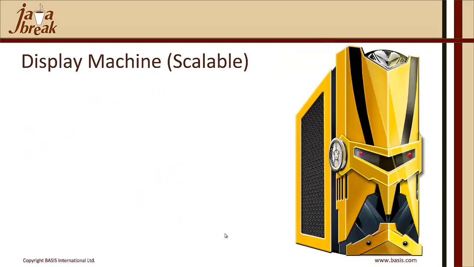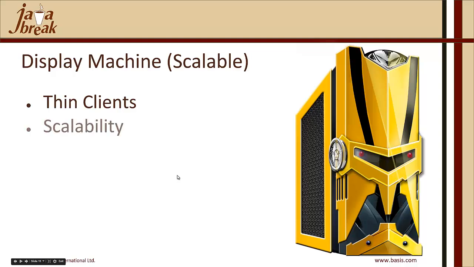As I mentioned before, Transformer for Basis is not that big ugly guy on the front page. It's more represented by these handsome guys that we have also color-coded. So in this case, yellow is the display machine. It is, of course, what is used to power the thin clients.